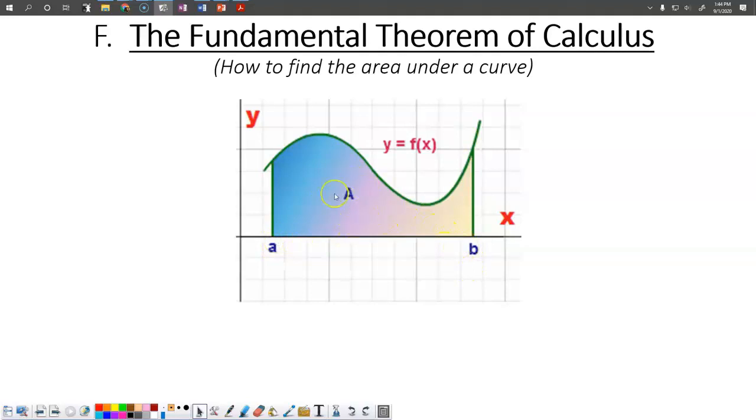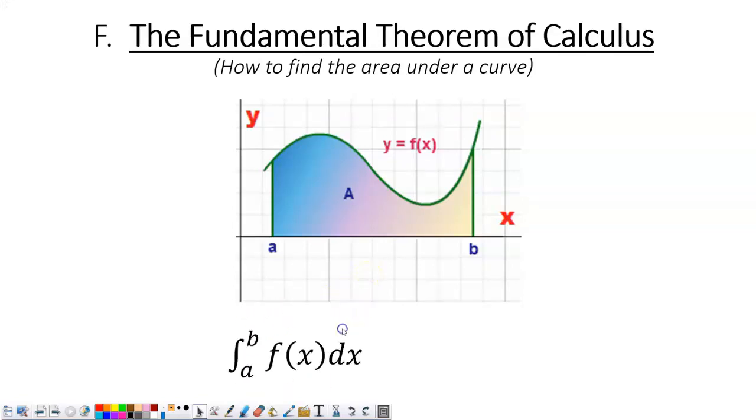And that capital A represents the area, right? Well, here's how you do it. Now, why does this work? We're not talking about that right now. We're just talking about the fact that it does work. Okay? So you're going to integrate the function f of x.